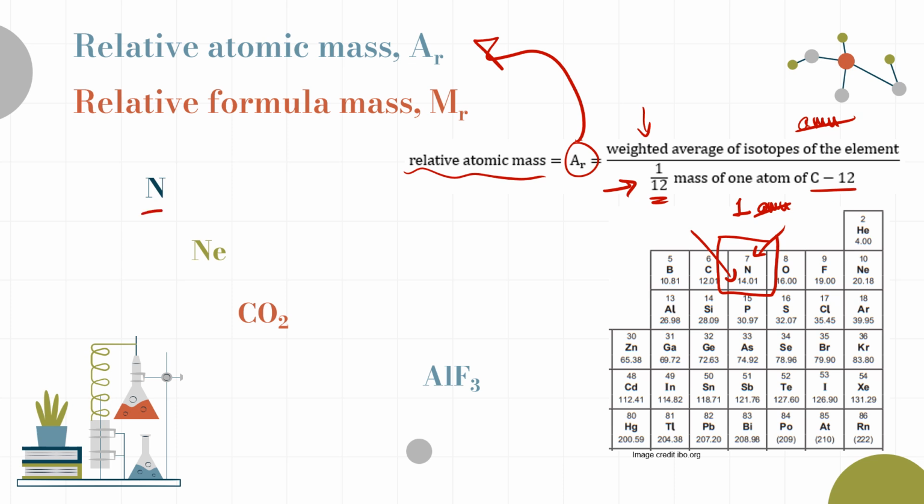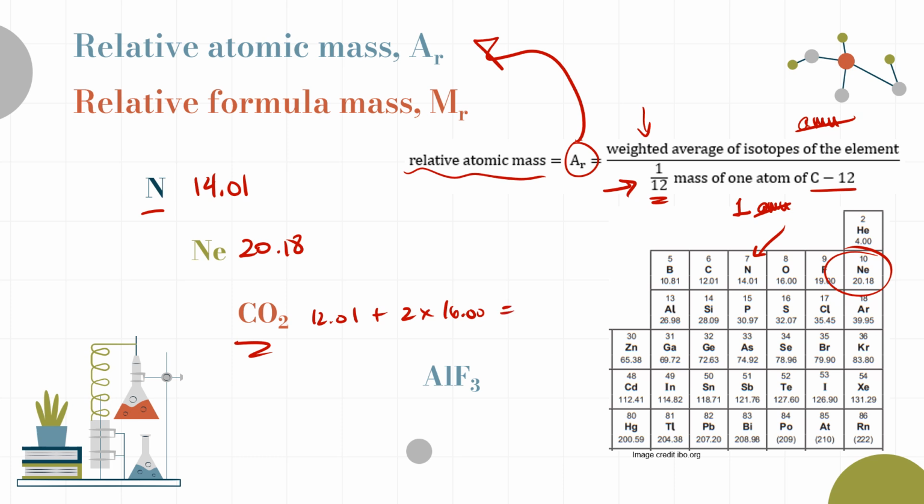So the relative atomic mass of nitrogen is 14.01, no units. And neon is 20.18, no units. Carbon dioxide, we're going to add up all of the different atomic masses to find the formula mass of CO2. And it's going to be 12.01 plus 2 times 16.00.